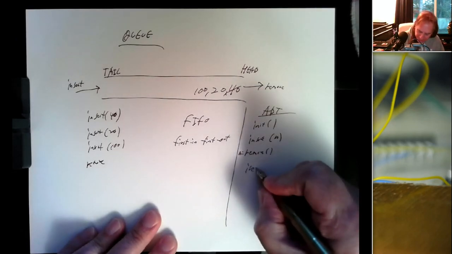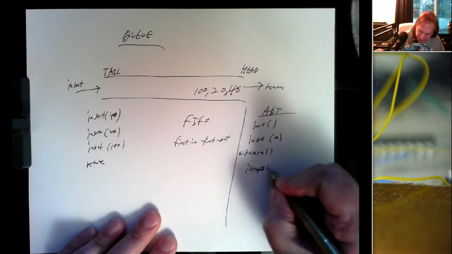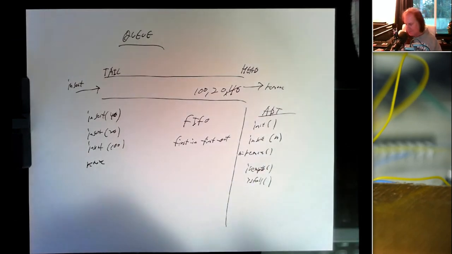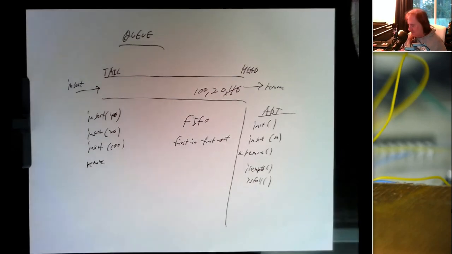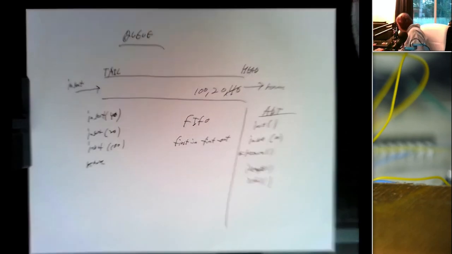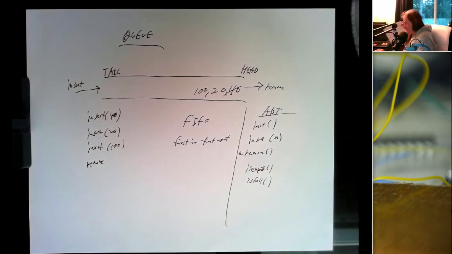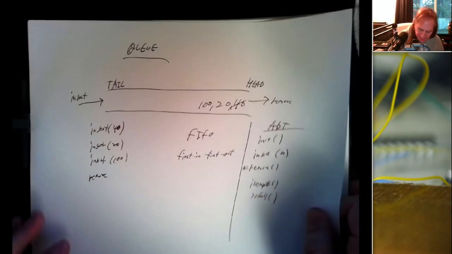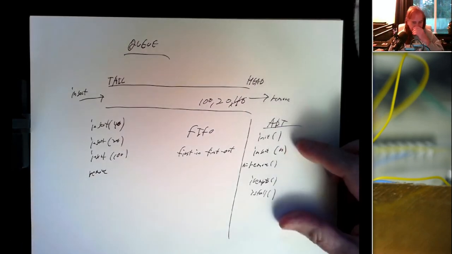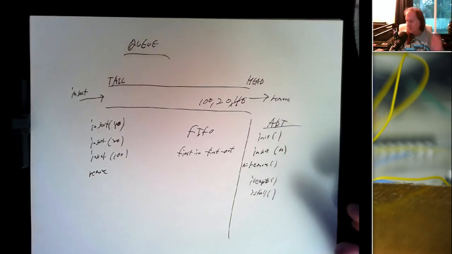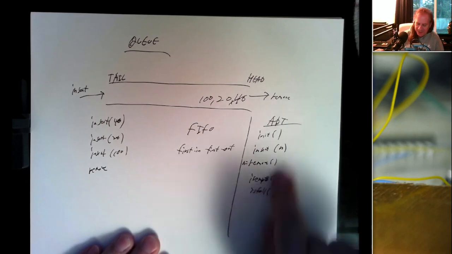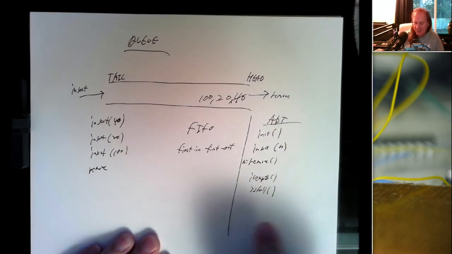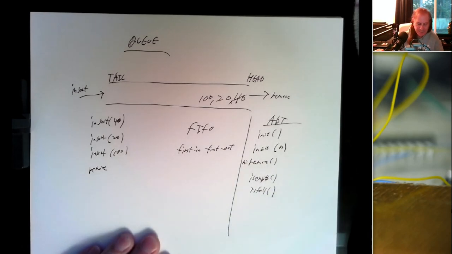And there might be some Boolean checks like is empty and is full that we can use to see if there's space left in the queue or if there's any data in the queue. Here's our abstract interface, and again, the abstract data type means we just think of our queue in terms of these operations without worrying about how these things are made to happen.